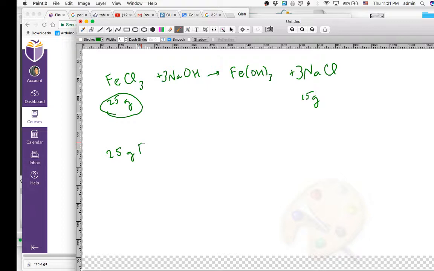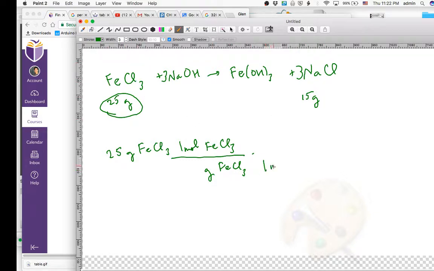So if I use all 25 grams of iron 3 chloride, and if I know the molar mass of iron 3 chloride, a certain number of grams, then I can use the fact that there's 1 of these and 3 of these.